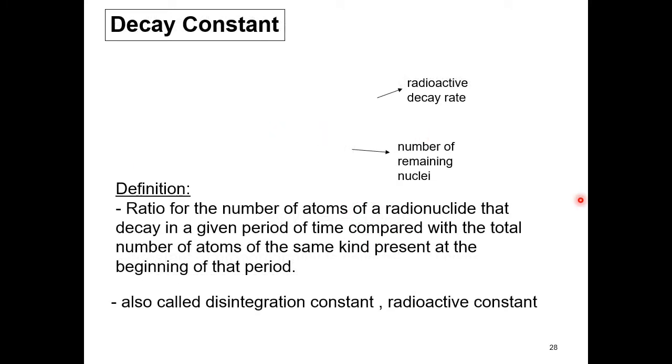Decay constant, or lambda, is equal to negative dN over dt, or radioactive decay rate, divided by the number of remaining nuclei, N. The definition of the decay constant is the ratio of the number of atoms of a radionuclide that decay in a given period of time compared with the total number of atoms of the same kind present at the beginning of the period. It is also called the disintegration constant or radioactive constant.